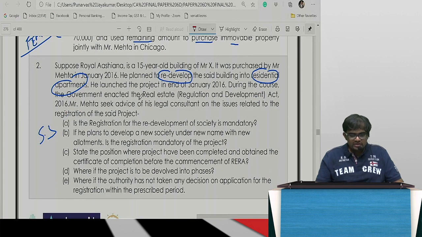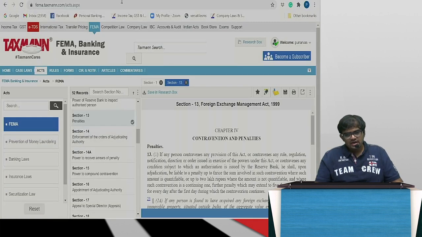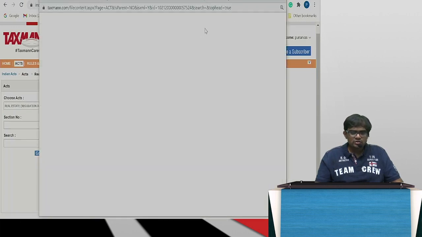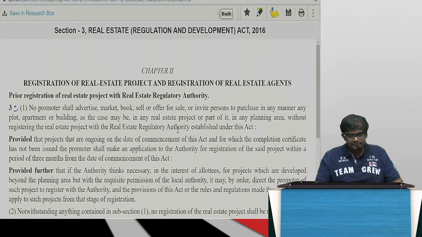Suppose Royal Asian has a 15-year-old building. It was repurchased by Mehta, who planned to redevelop it into residential apartments and launch the project. If I am redeveloping an existing apartment, should I go for re-registration at RERA or registration? For this, I have to go to RERA obviously. Again, every answer is in the most important section, section 3.